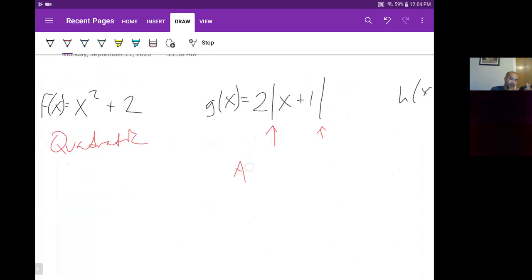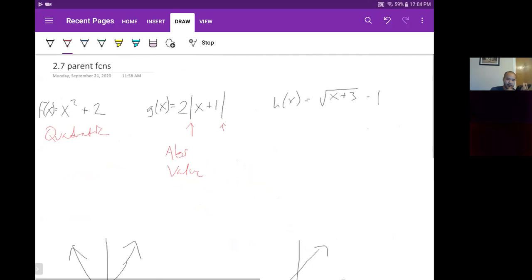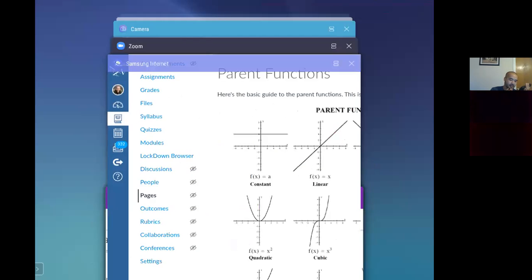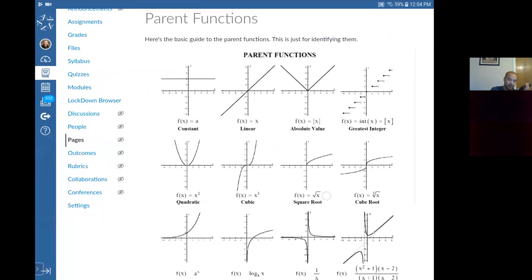This one is absolute value. Here you have a square root symbol. So this one is square root. There's not a lot of complex processes to do here. You just look over here: there's the absolute value bars, there's the square root symbol. This is what the cube root symbol looks like, so you'll run into that.